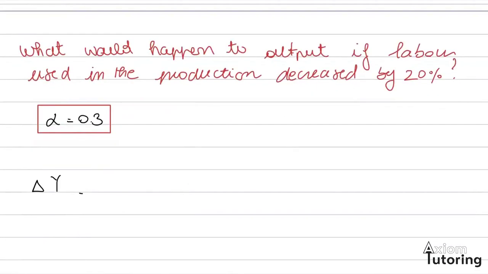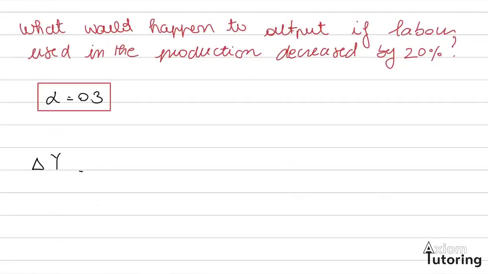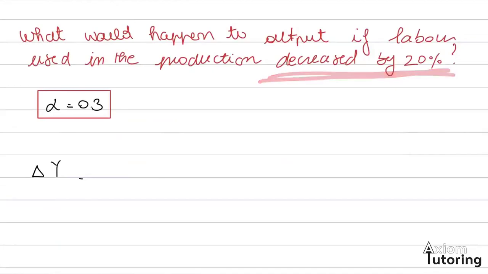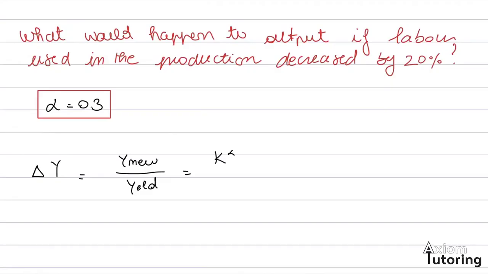Let's now look at what would happen to output if labor used in production were to be decreased by 20%. So we're going to follow the same reasoning that we followed before, and we're going to write the same fraction that we did before. However, this time we're not going to change capital, but we're going to add a little change to labor.